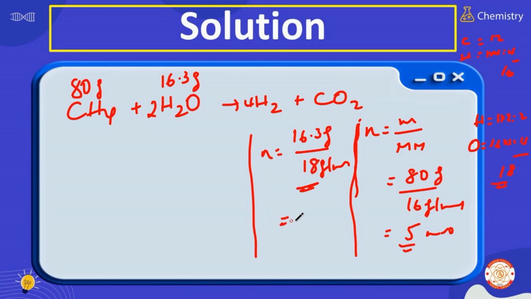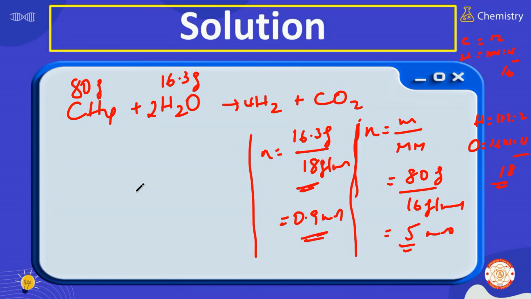Solving this, we get 0.9 mole. So remember, 16.3 gram is equivalent to 0.9 mole, and 80 gram of methane is equivalent to 5 moles.